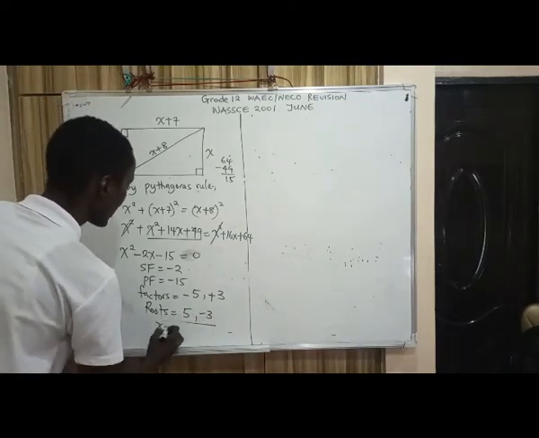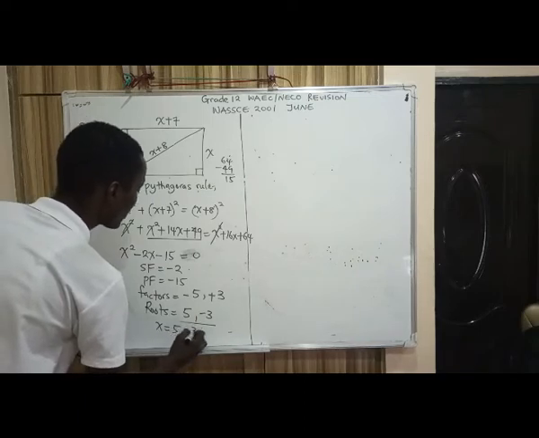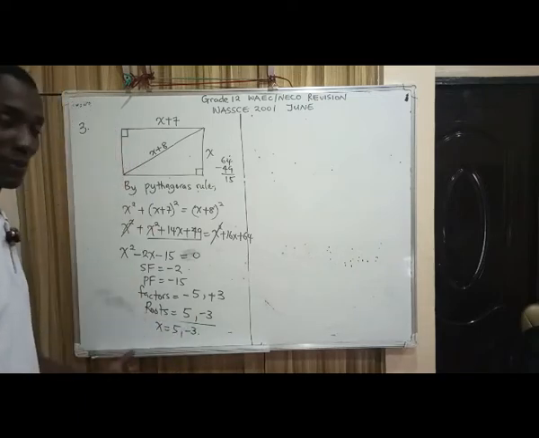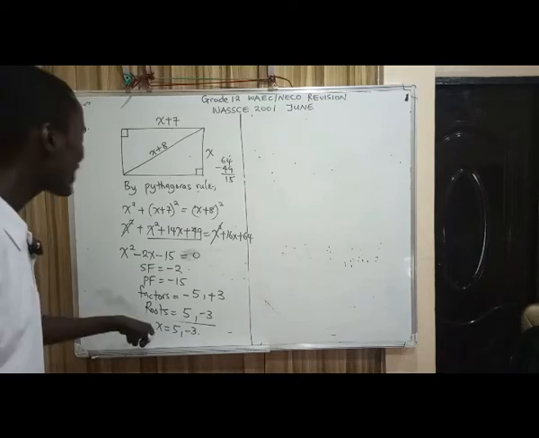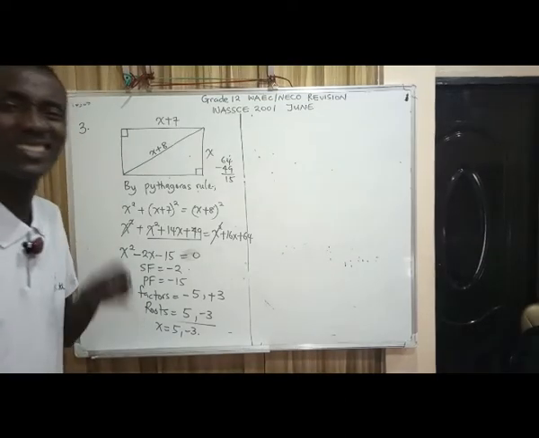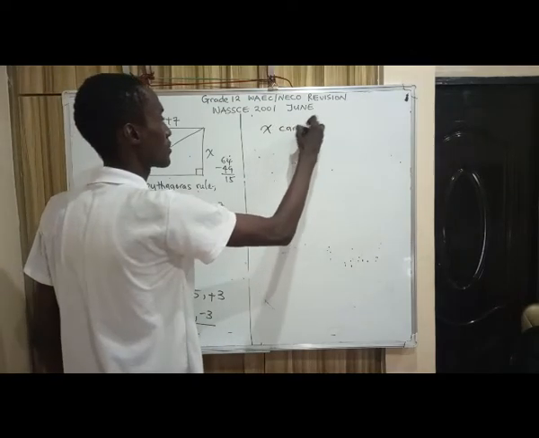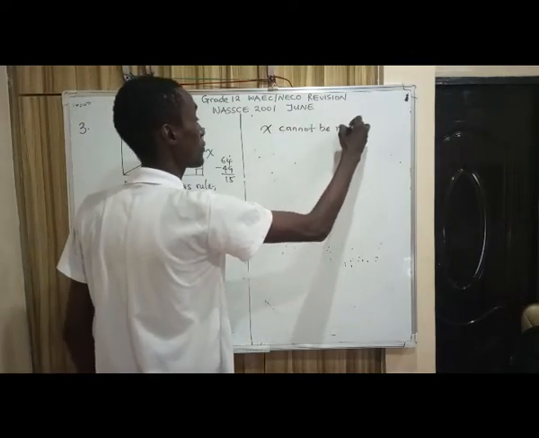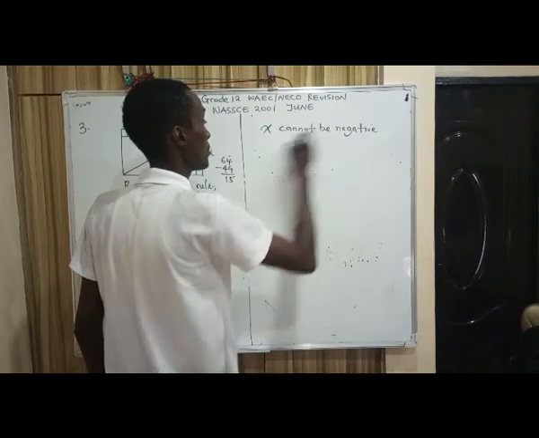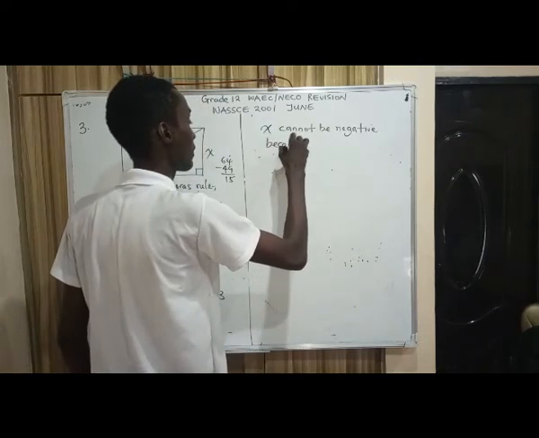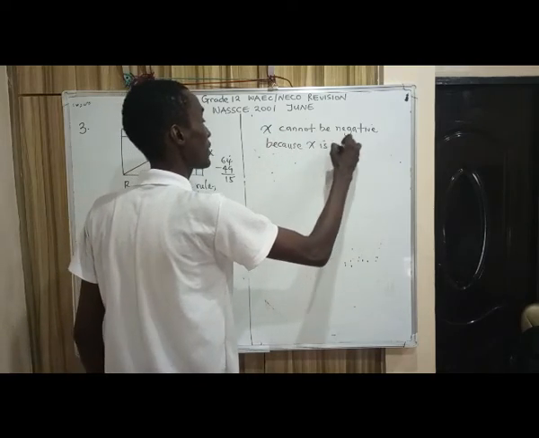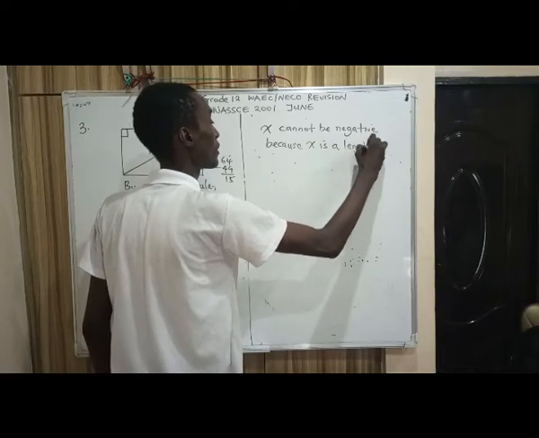So x is equal to 5 or negative 3. Now, x cannot be negative because x is a length.